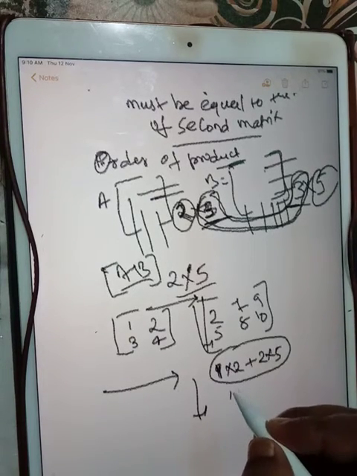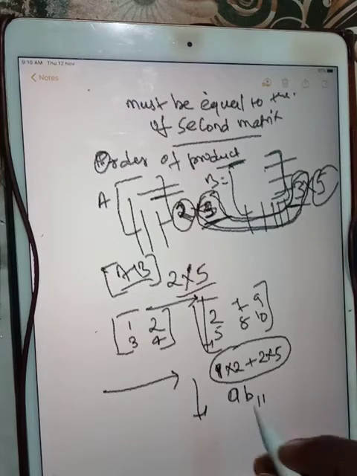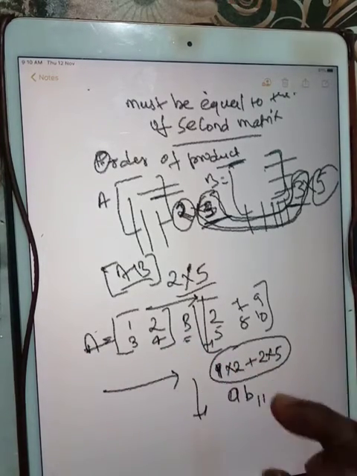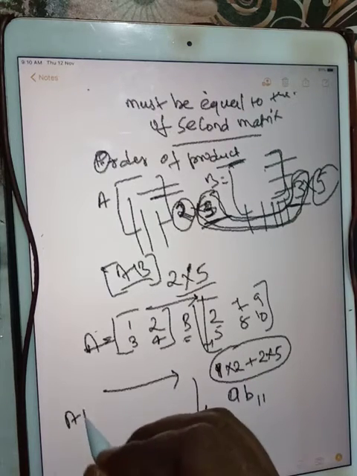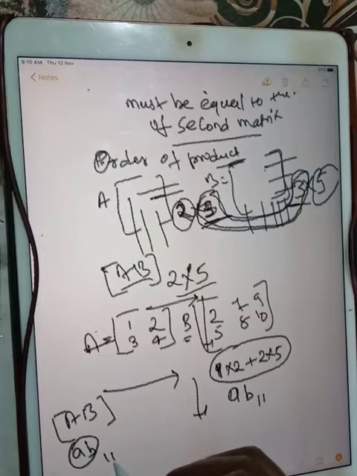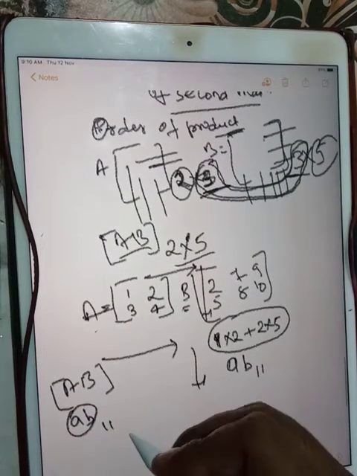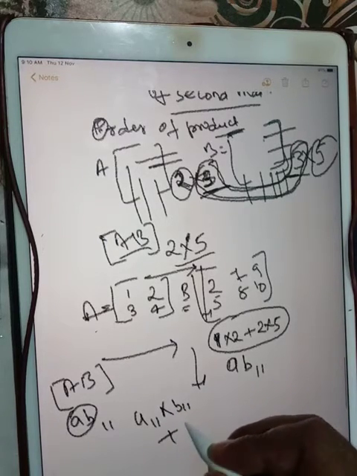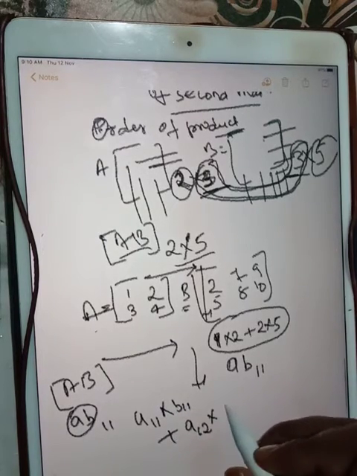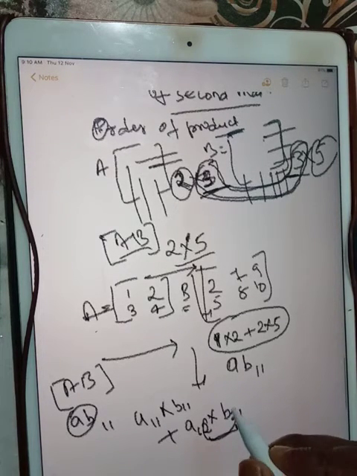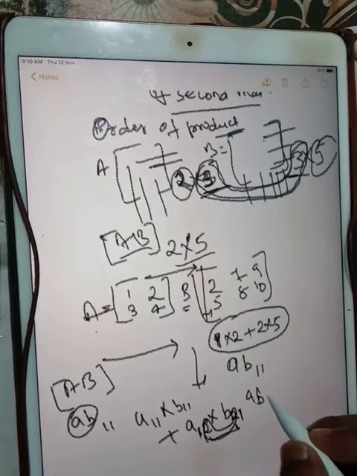This will be AB11. If this one is A and this one is B, then AB is the product matrix, and its first element is AB11. Then AB11 is equal to A11 into B11 plus A12 into B21.